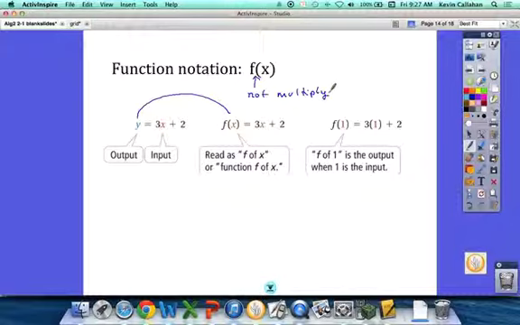Now, when you're given a function notation like f of x equals 3x plus 2, then you can evaluate the function by plugging in a value of x. Just like we evaluate an expression, you plug in a value for the variable. f of 1 would mean substitute 1 for the x, and then evaluate, order of operations. f of 1 is 5. 3 times 1 plus 2.